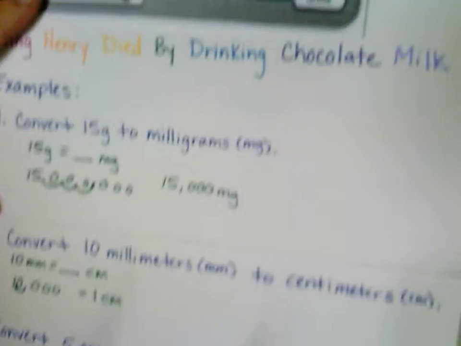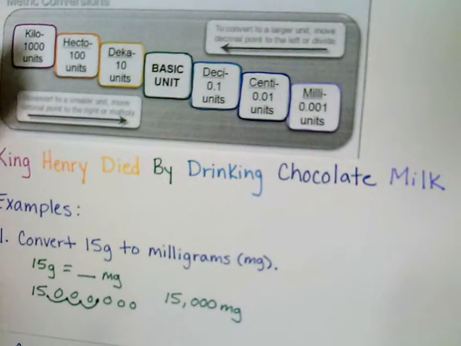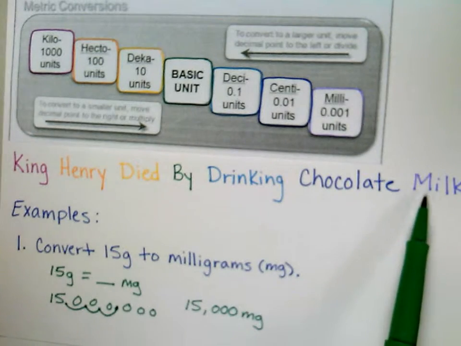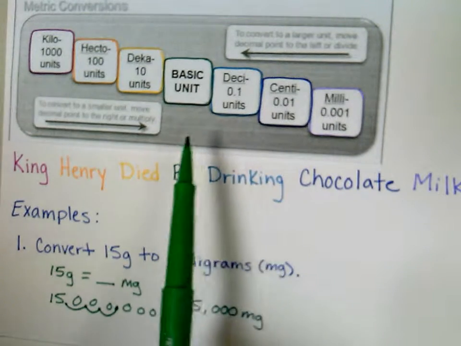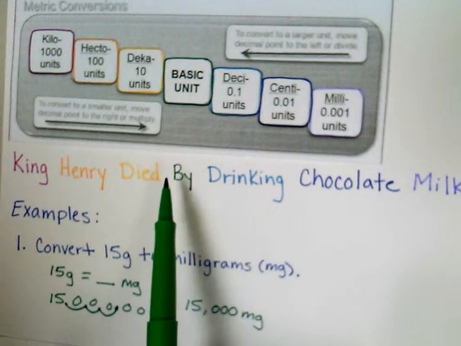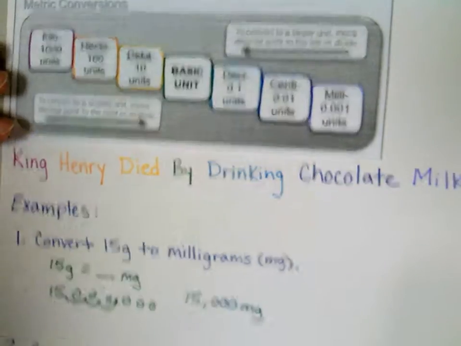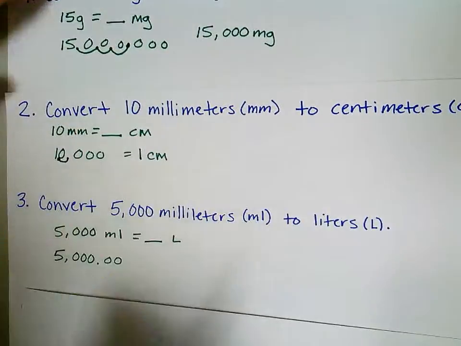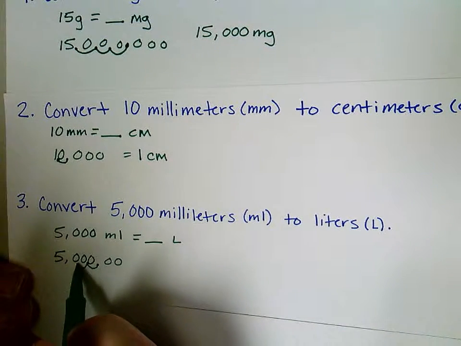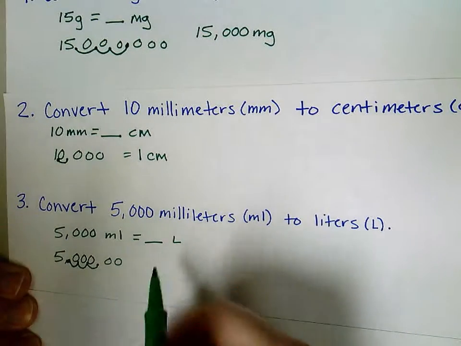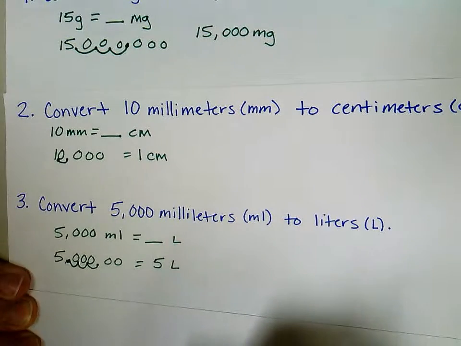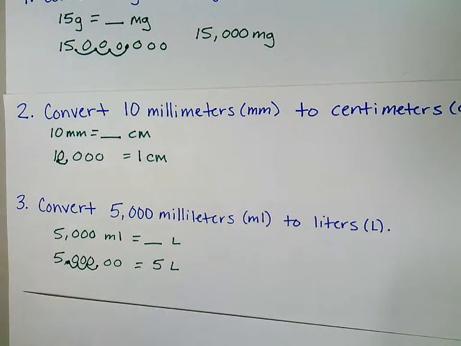And then I'm going to go back up to my chart, and we see that milliliters is milk, liters is your base unit, so I have to count. That's going to be 1, 2, 3 units to the left. So I come back down here, and I'm going to move my decimal point 1, 2, 3 to the left. So it's equal to 5 liters.